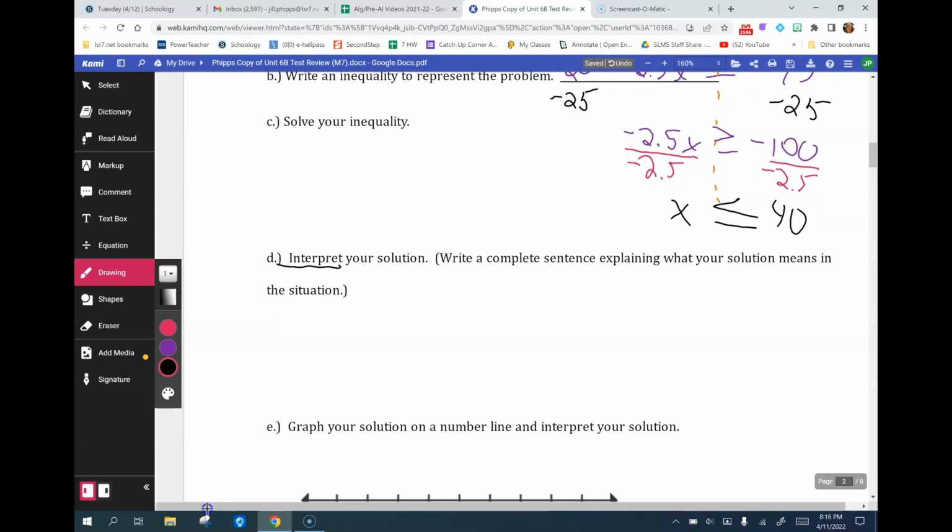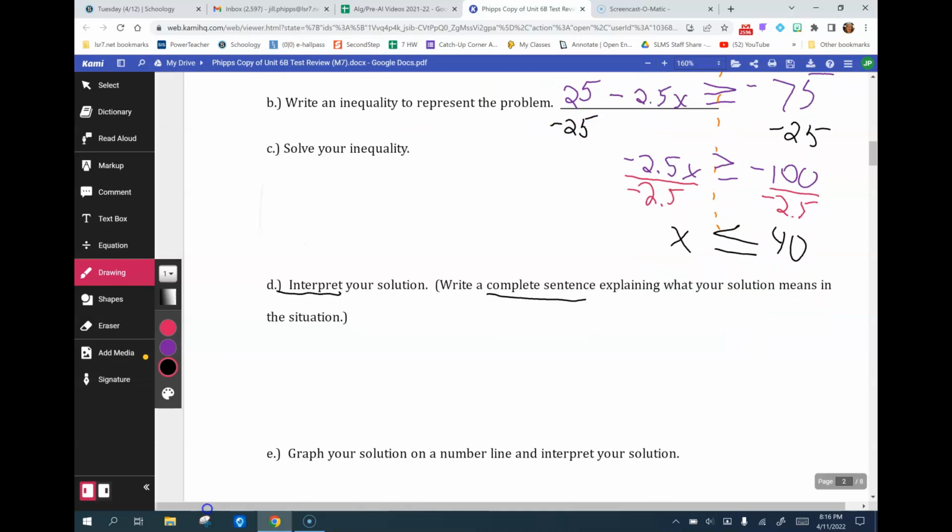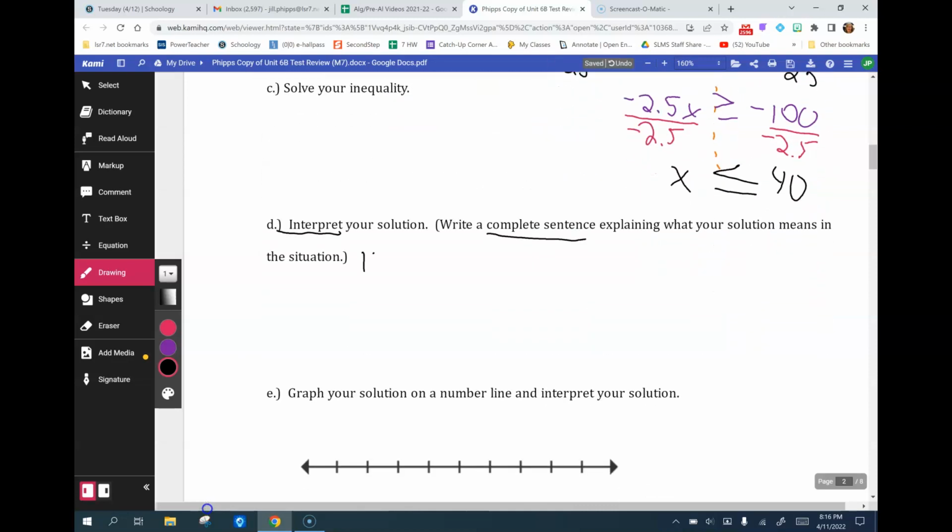Interpret your solution. We're going to write a complete sentence. Now, don't be too freaked out about that. All we're going to do is we take our question, what is the maximum number of minutes the hiking club will descend? And we just state it back to them. The hiking club will descend, and then we take our information. So here we go. The hiking club will descend.